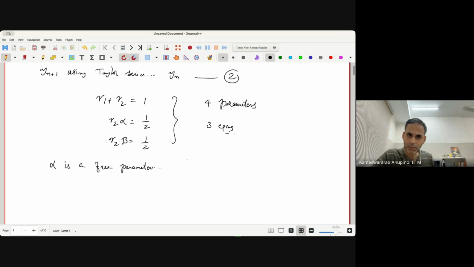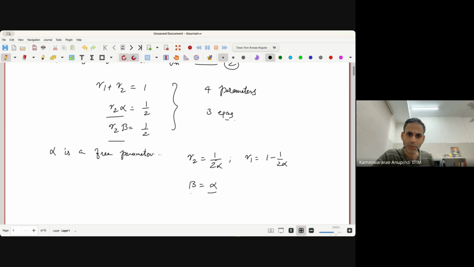Then from these equations, if alpha is a free parameter, gamma 2 equals 1 by 2 alpha. Gamma 1 equals 1 minus 1 by 2 alpha. And then beta would be equal to alpha, right? Because gamma 2 alpha equals 1 by 2, gamma 2 beta equals 1 by 2, in which case beta equals alpha.